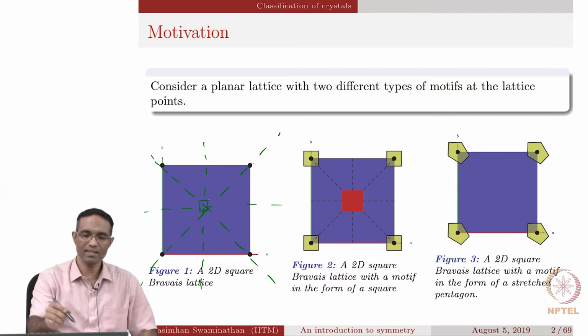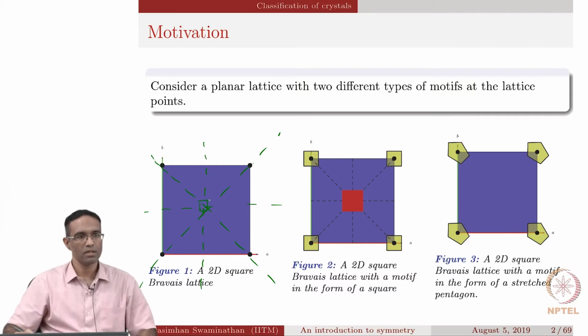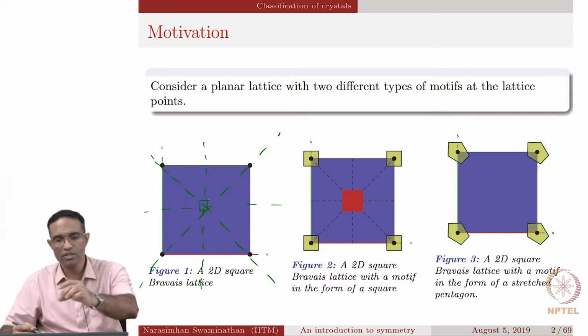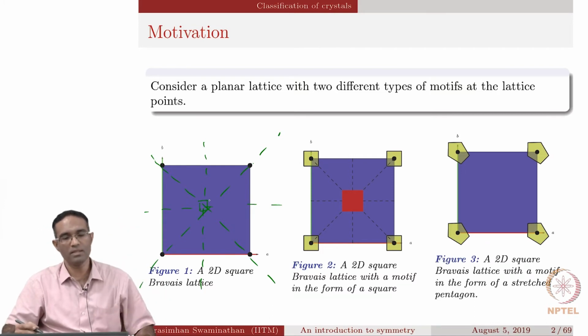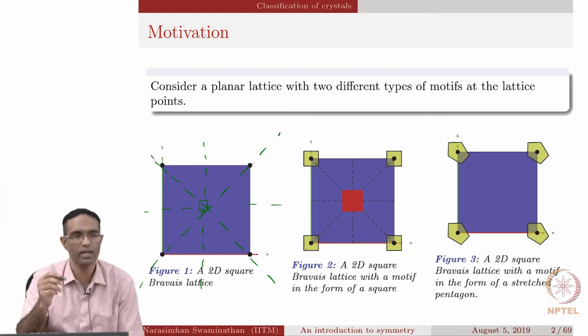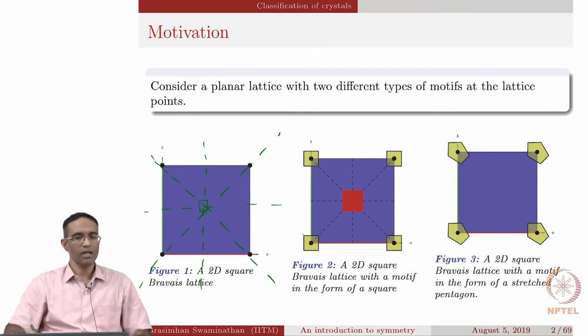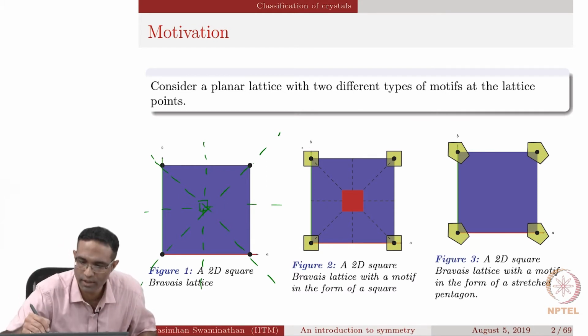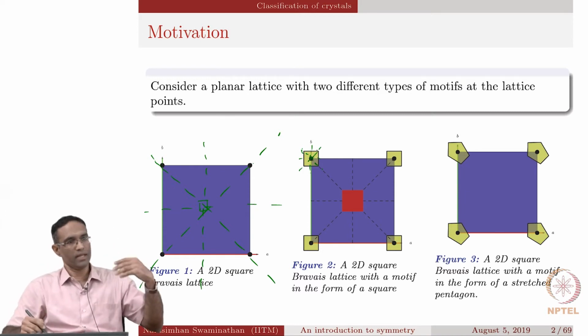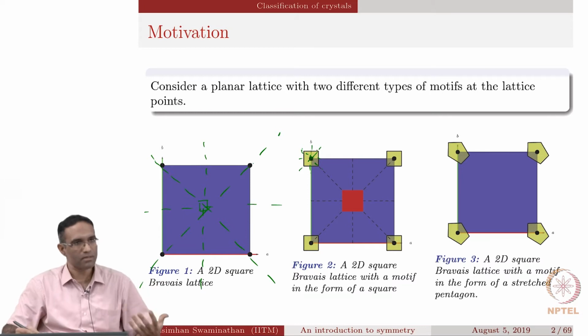Now let us place at each of these lattice points a motif which also has a square symmetry, in the sense that it is a square. Whatever I am placing there is a square. It has a 4-fold symmetry and also mirror symmetry, right? If I take this thing and put a mirror here or here, that particular motif itself has the symmetry of the lattice, right?